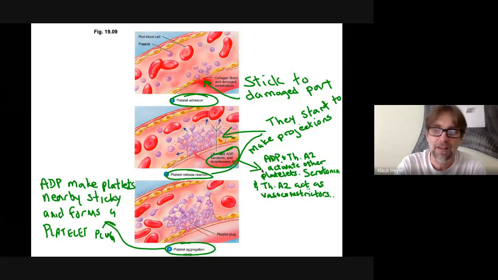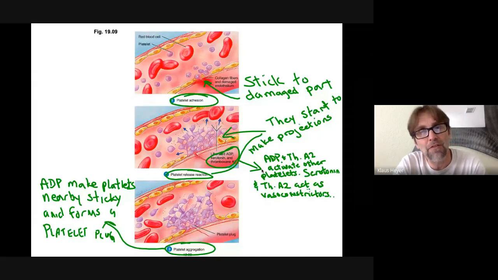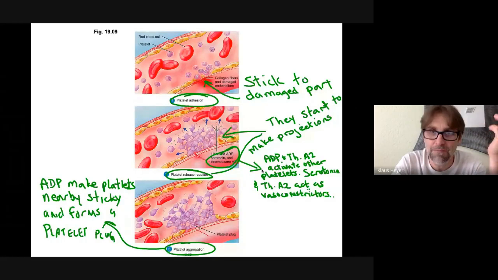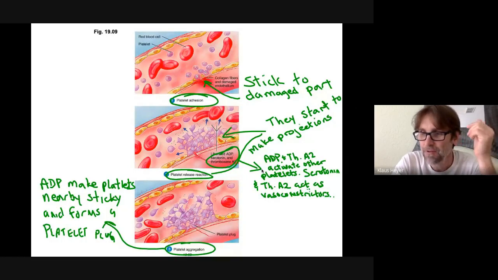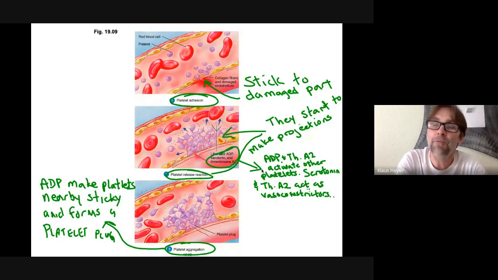Let's say you prick your finger and it bleeds like a drop, right? That's a platelet plug, right? The vast majority of little cuts and stuff you get, those are platelets, right?